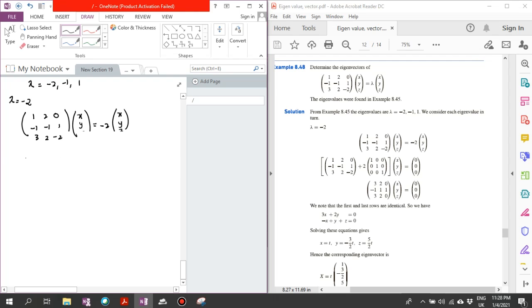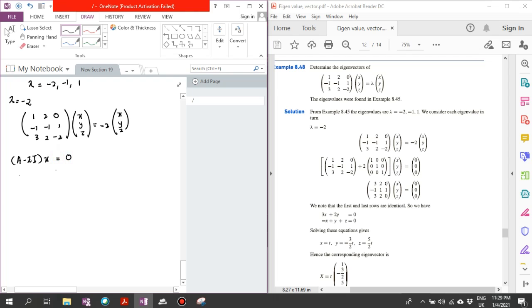Based on the main equation, A minus lambda I times x is equal to 0.